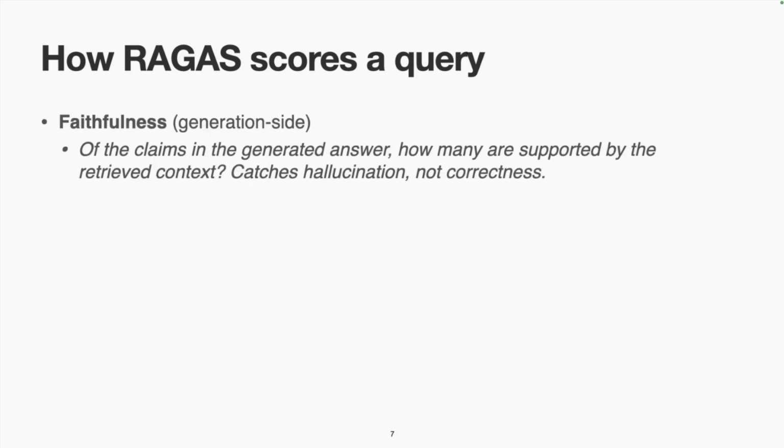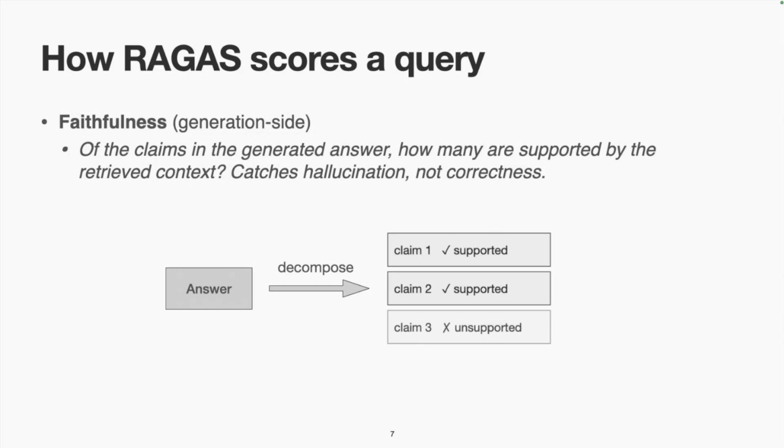Another example metric in RAGAS is faithfulness. It is more about the generated answer. Given the answer we just produced from the large language model, we decompose it into several claims, also using another large language model, and check which claims in the answer are supported by the retrieved chunks.